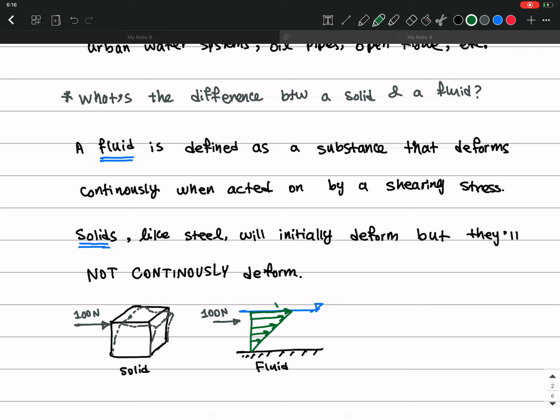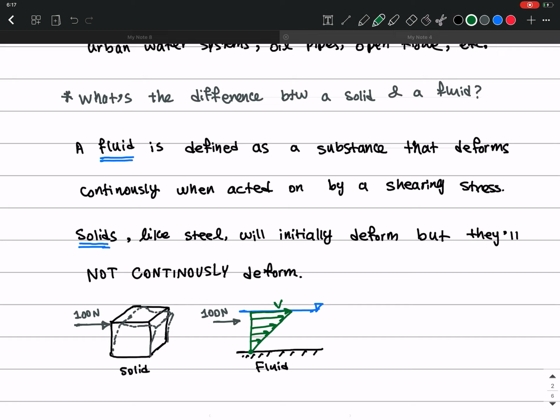And the reason it is like this is because near the surface, it is attached to the surface, so the molecules are not going to move that much, but as you go along to the free surface, it will go with the highest speed that it can, based on the imposed force here. So it will continuously deform. It will not stop deforming.